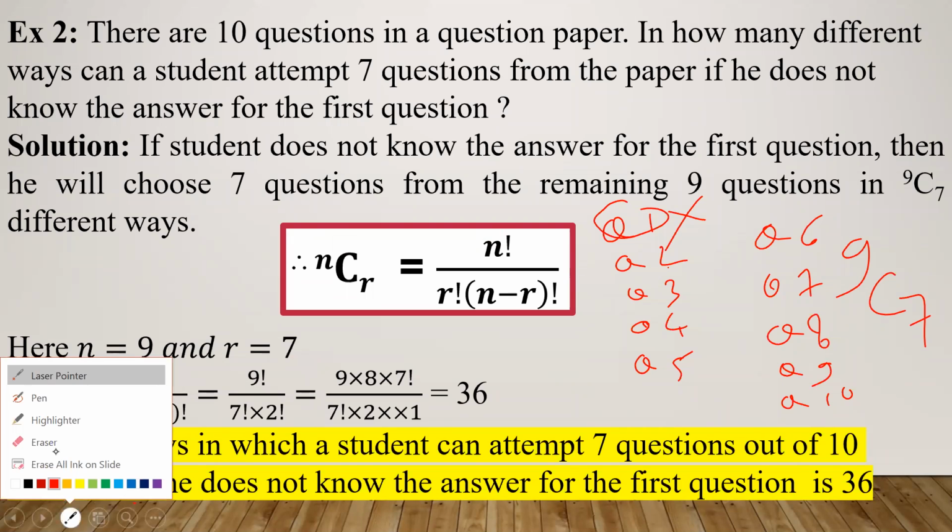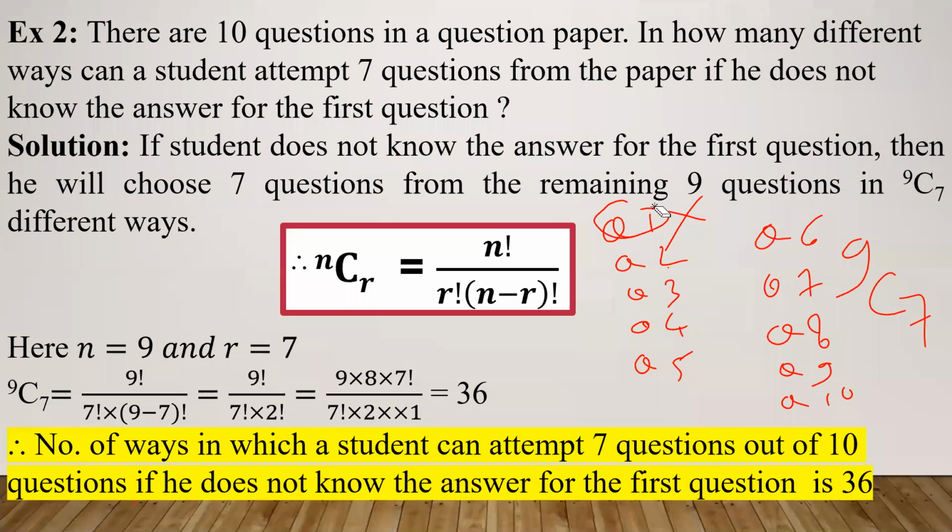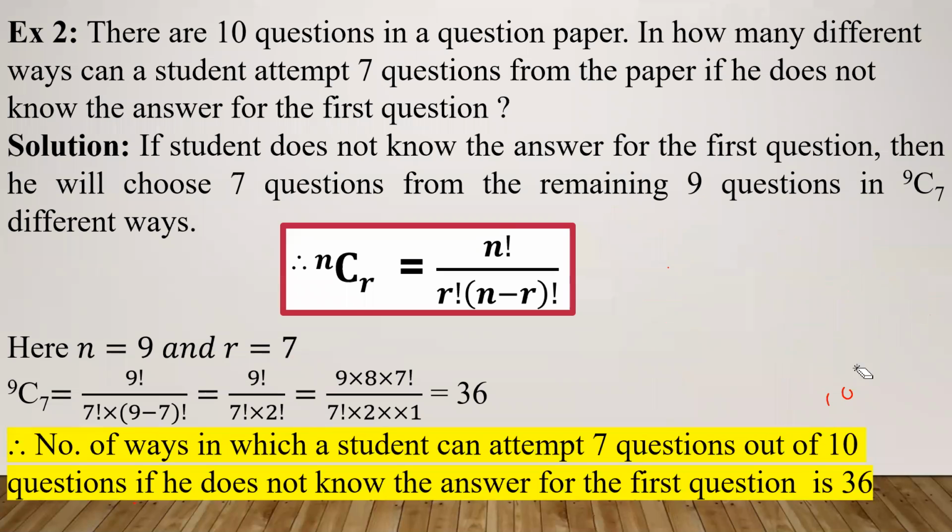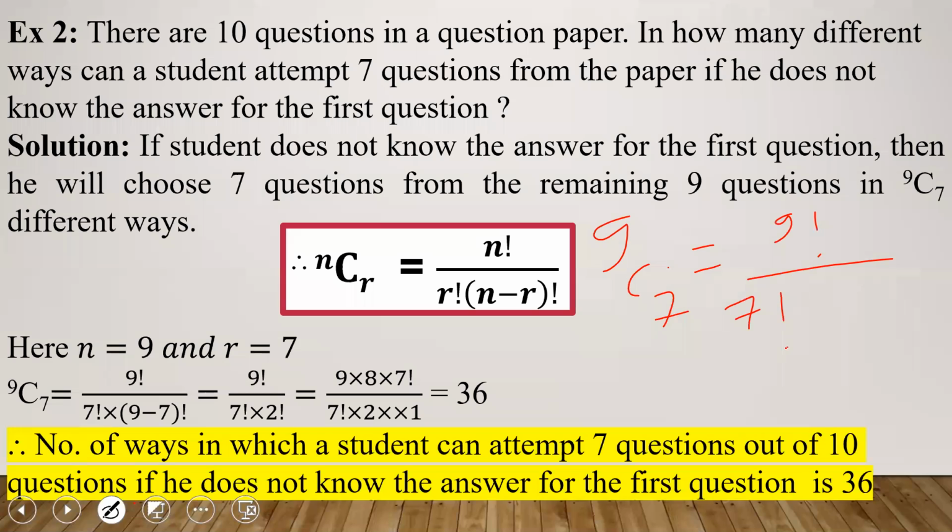So 9C7 is equal to 9 factorial divided by 7 factorial into (9 minus 7), that is 2 factorial.